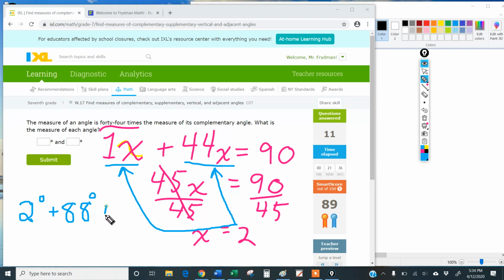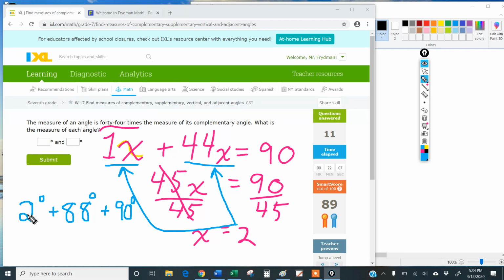Yeah, it does make sense because 2 plus 88 is equal to 90. So this angle over here is 44 times as big as its complementary angle. So we met that criteria of one angle being 44 times as big as the other one, right? 88 is 44 times as much as 2.